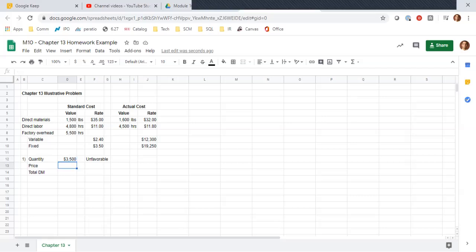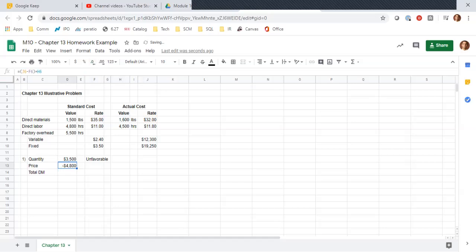Okay, so our price variance is going to be our actual rate here less our standard rate. We're going to multiply that by our actual quantity, and this gives us our price variance.